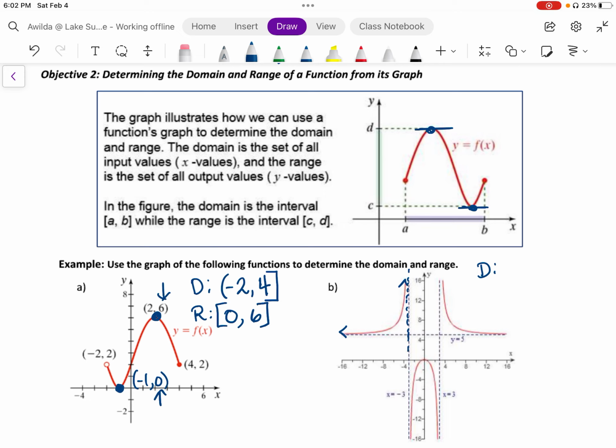So this invisible line here at x equals -3 serves simply as a boundary, but there will be no ordered pair that falls on that invisible line. Same goes for this other vertical asymptote. Here we have x equals +3 as a vertical line that serves as a boundary that will not be part of the graph. And then x values continue without bound to the right.